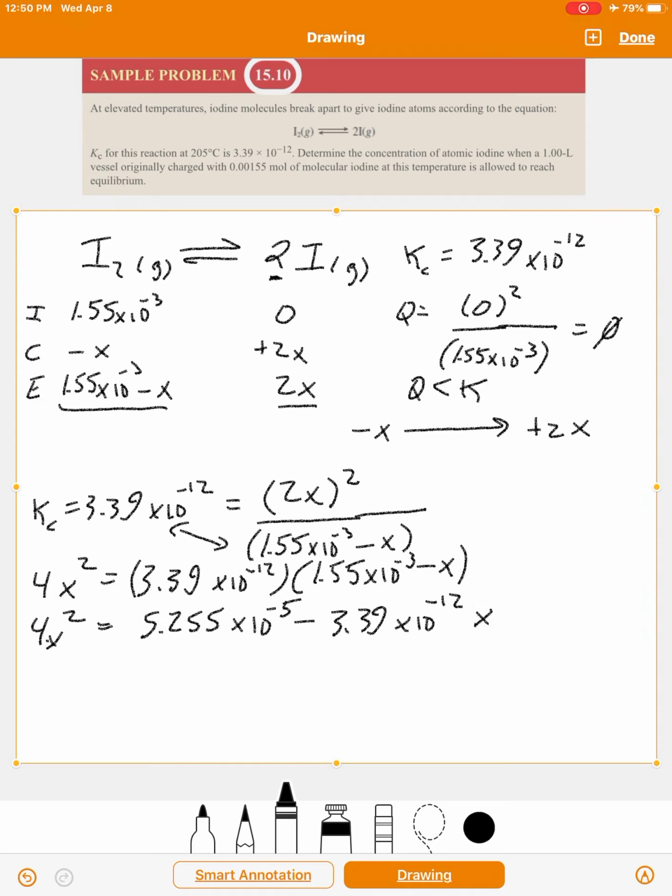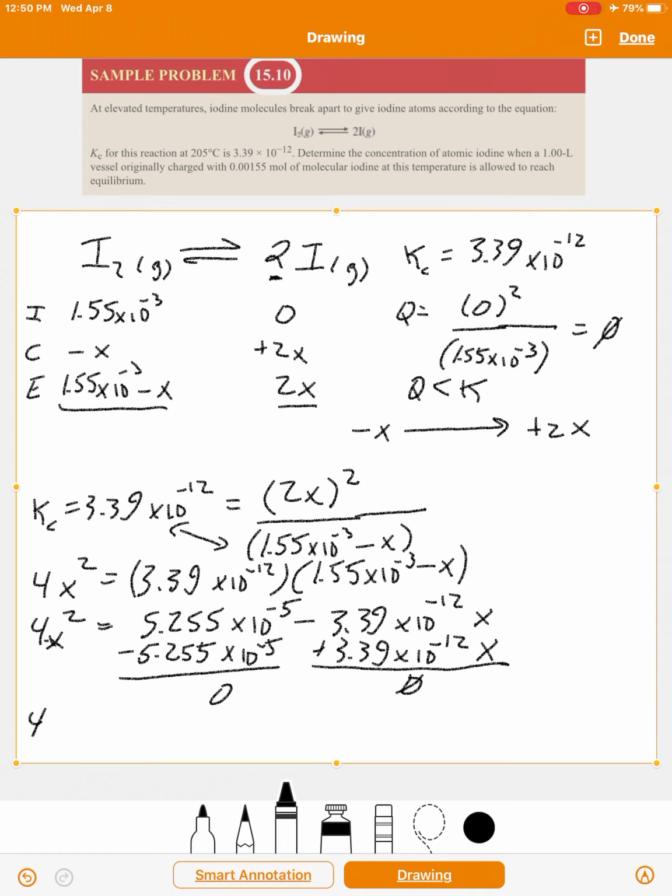Okay? All right. I've got the x squared on the left side, so let's move everything to the left. I'm going to subtract this from both sides and add this one to both sides, right? If this is minus, you add it, so that makes it 0. If this is plus, then you make it minus, so that makes that 0.